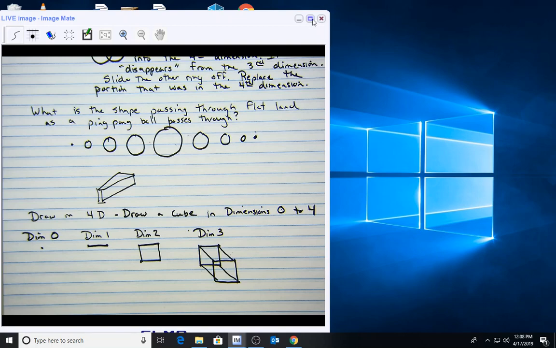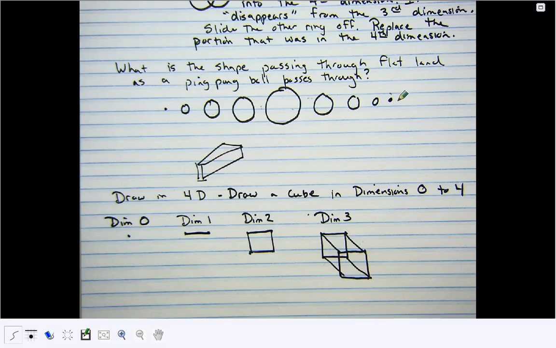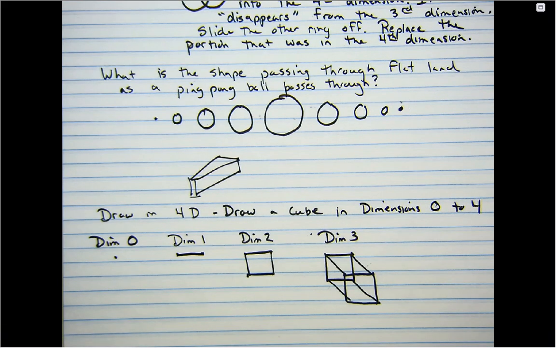All right, let's go ahead and draw 4 dimensions. So I suggest you take out a straight edge. So we're going to want this to look good, and it gets all sloppy and messed up if you don't use a straight edge at this point.